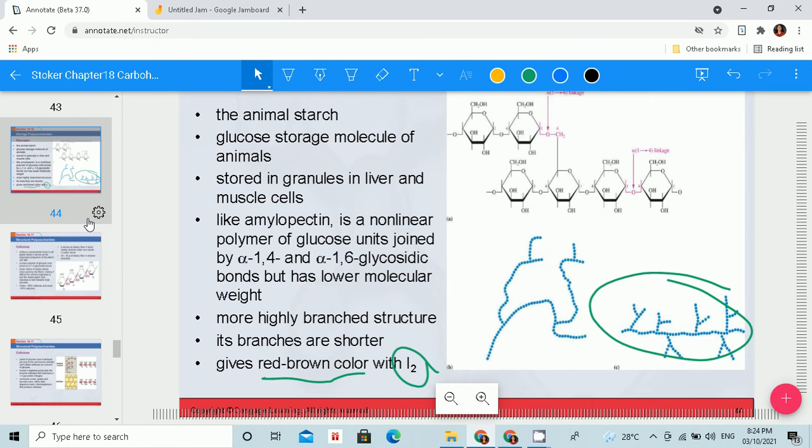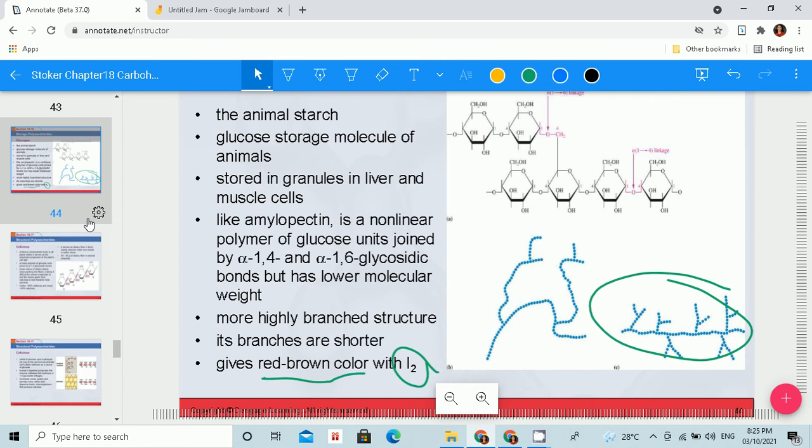So if they don't eat for a few days or a few meals, they still have sugars. They have lots of stored glycogen, so the glycogen will be hydrolyzed into glucose.